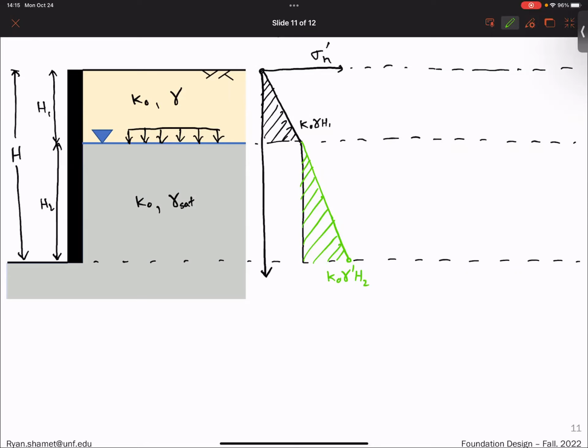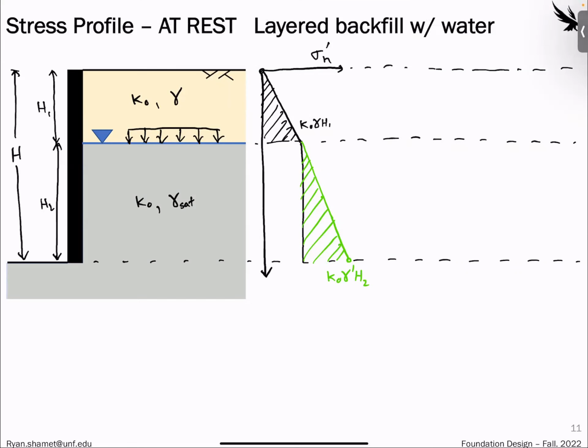You guys remember how we find submerged unit weight? So gamma effective or gamma sub. For effective stress, what do we subtract out of the total stress for water pressure? So if we have our normal unit weight, what do you think we subtract out? Yeah, exactly. That's how we would find our effective, or what's known as the submerged unit weight.